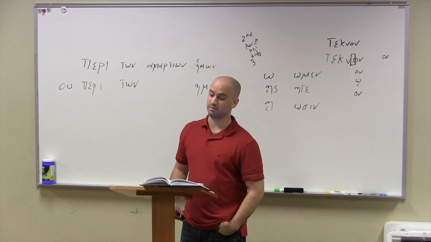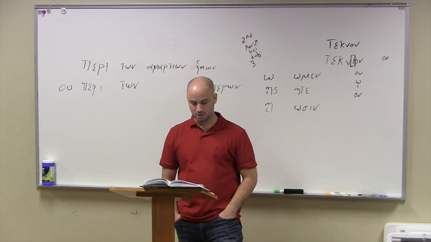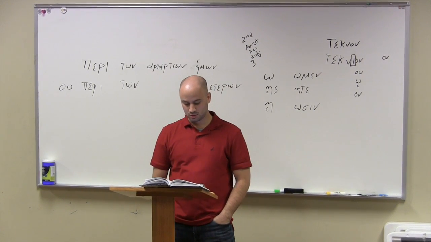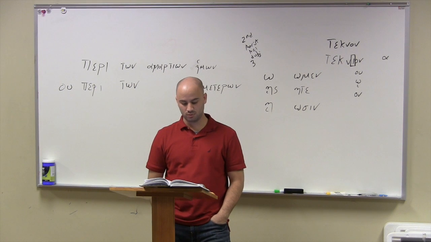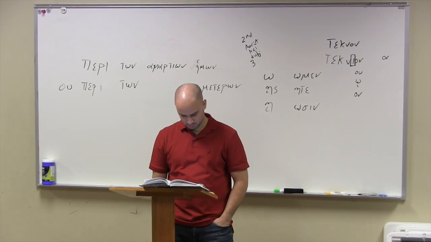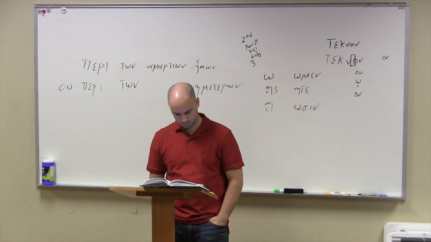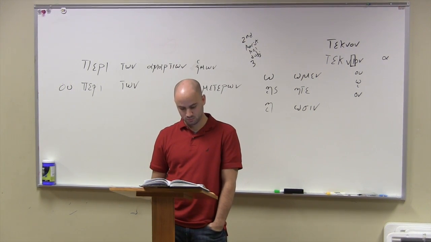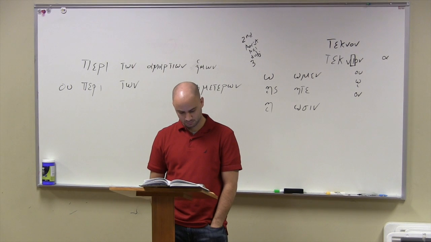Greek is very fond of that. Not concerning our sins alone. So, not only our sins, but the sins of all the world? Is that how you would translate that? Yes.